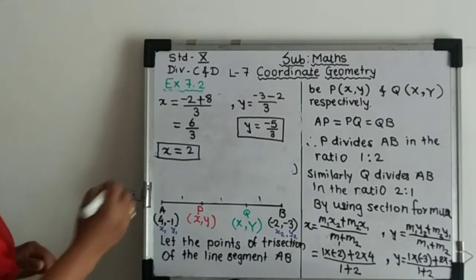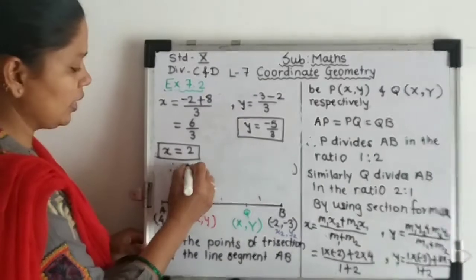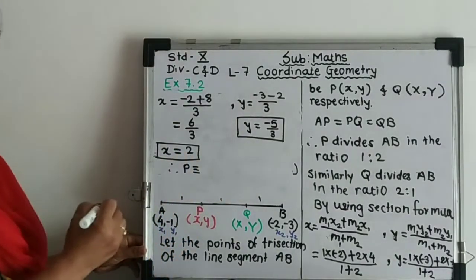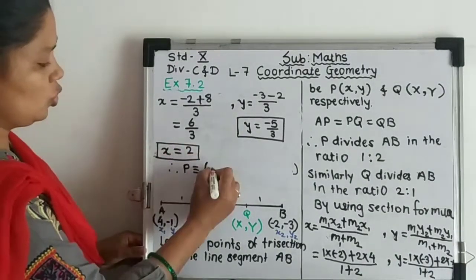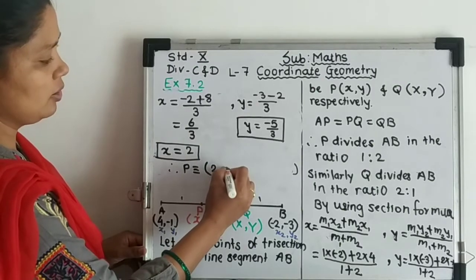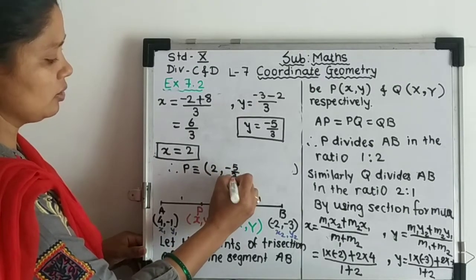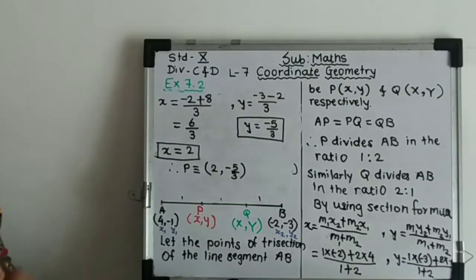Right? So therefore we will write P coordinates equals to 2, -5/3. Is that clear? So we got for the P point that 2, -5/3.